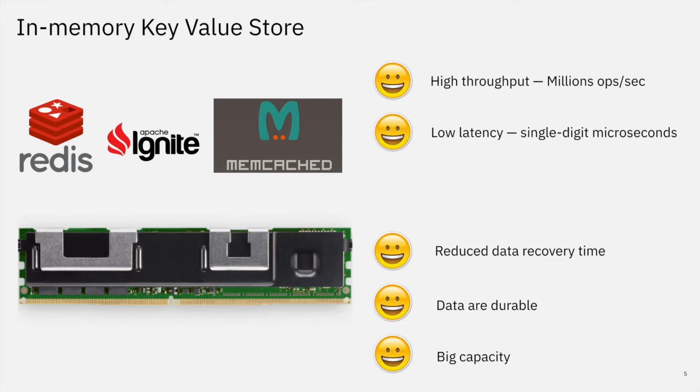These seem all good. However, bear in mind that persistent memory still comes with a performance disadvantage compared to DRAM. So the question is, can we still enjoy the benefits of high throughput and low latency, which are the reasons for in-memory key-value stores?